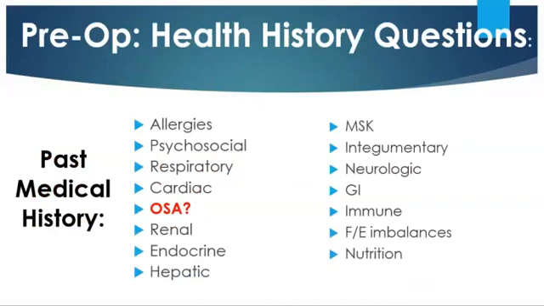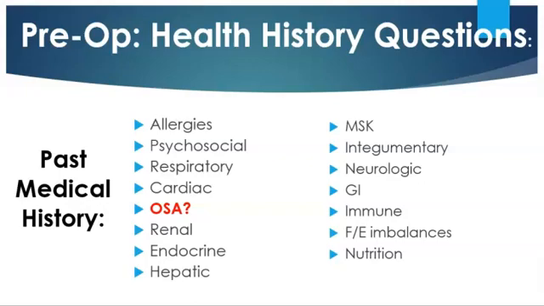Pre-op health history questions. This is a whole multitude of things, but we are trying to find out everything about this patient prior to them going into surgery. So we're going to be asking about allergies, psychosocial history. Do they have any respiratory issues, cardiac issues, renal, endocrine, hepatic, muscular, integumentary, neurological, GI, immune, whether they have fluid and electrolyte imbalance history, whether they've had nutritional problems.